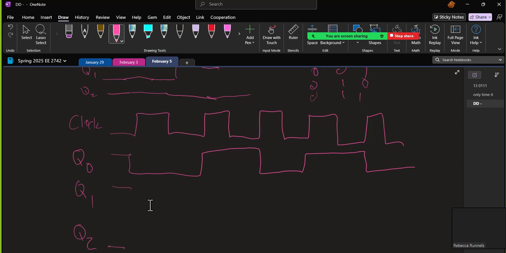Whenever Q0 goes from 1 to 0, that is a positive edge for Q1. But if it goes from 0 to 1, that means Q1 doesn't change, because it's not a positive edge. So Q1 would have a positive edge whenever Q0 goes from 1 to 0. Its input is 1, so whenever it has a positive edge, it'll toggle. So its toggle is going to look like this.